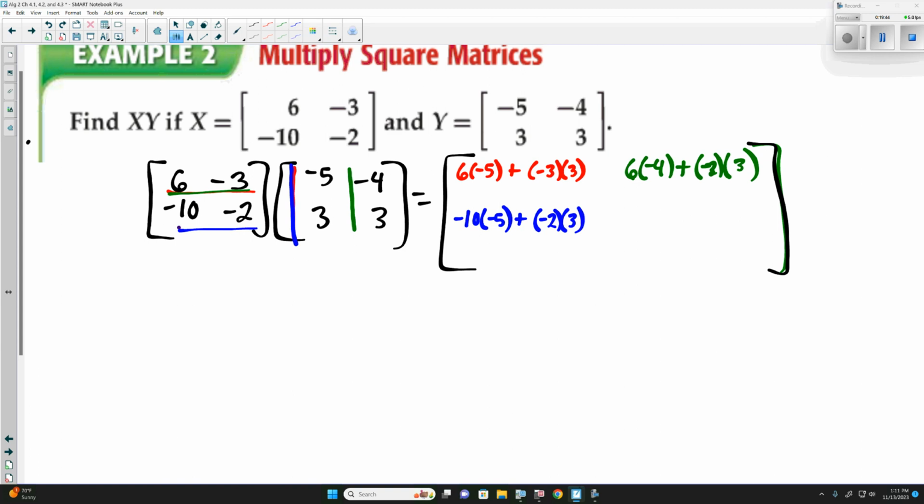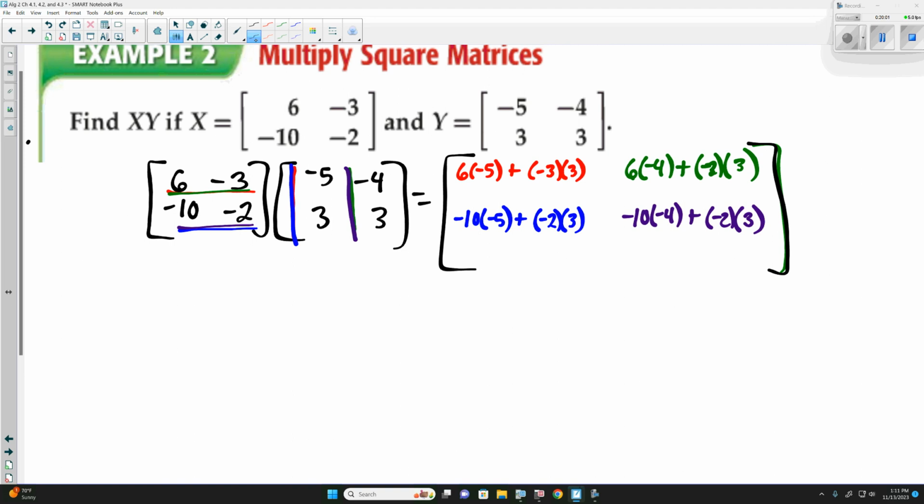And then lastly, we will go over and down again. So -10 times -4 plus -2 times 3. So when we multiply matrices, we go over, down, over, down.